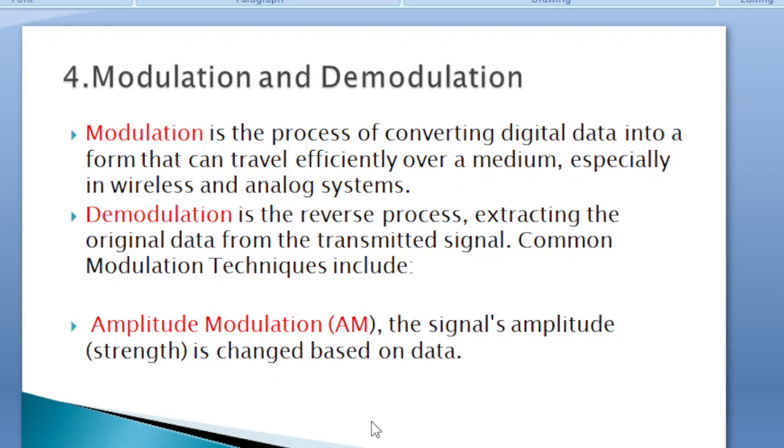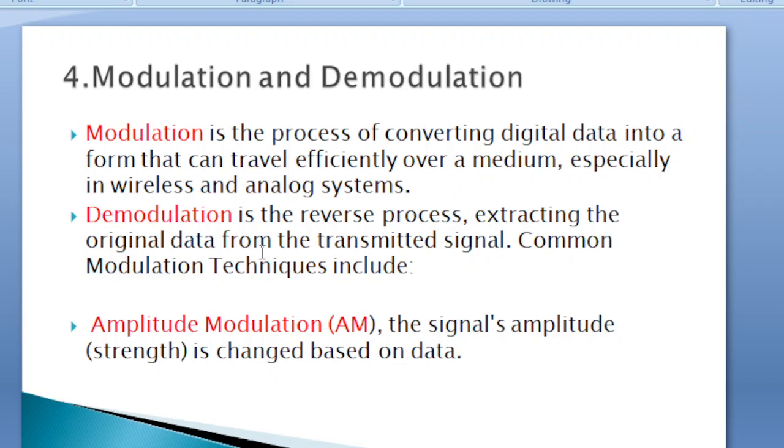Modulation and demodulation. Modulation is the process of converting digital data into a form that can travel efficiently over a medium, especially in wireless and analog systems. That is, modulation is mainly used in wireless and analog systems. Demodulation is the reverse process, the opposite of modulation.